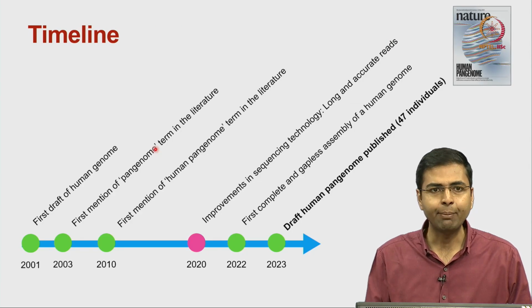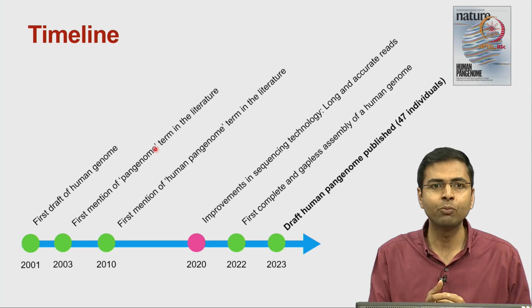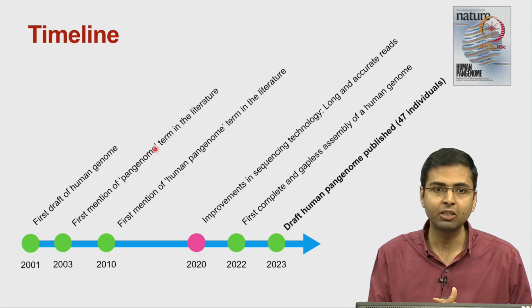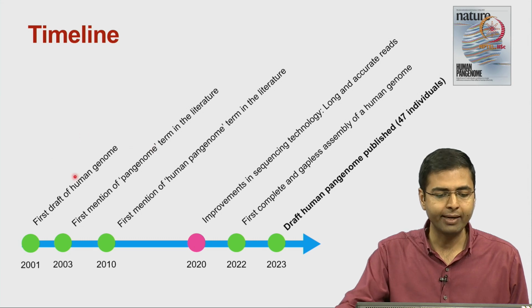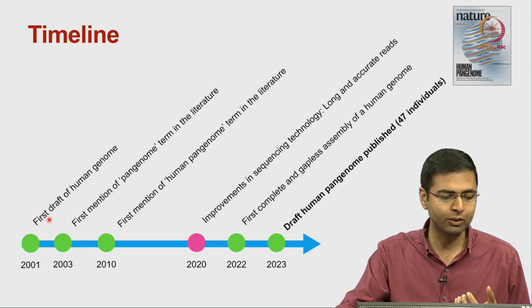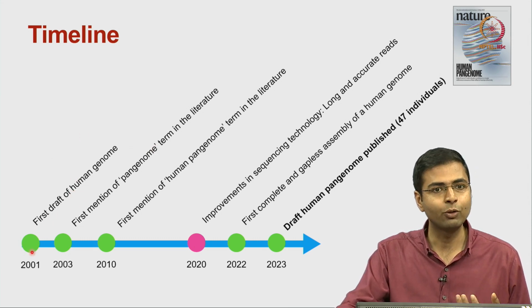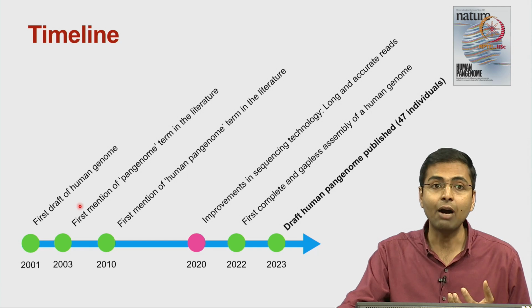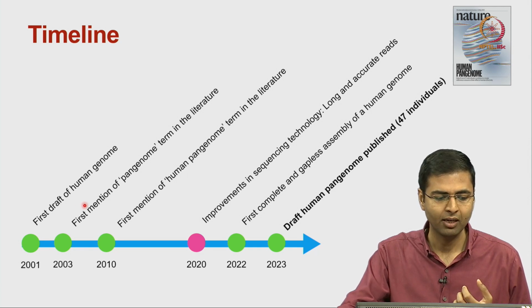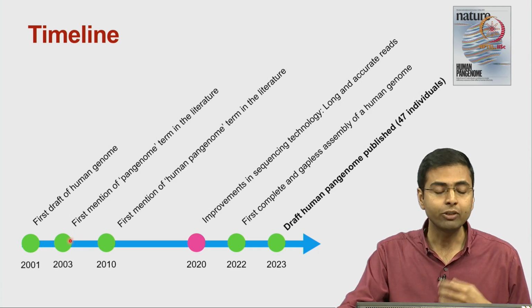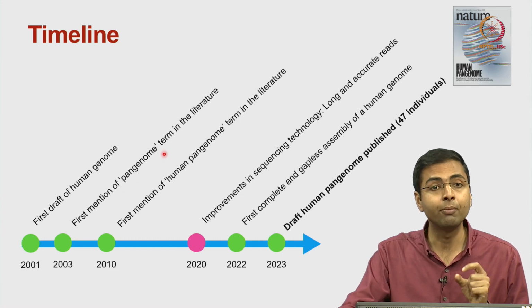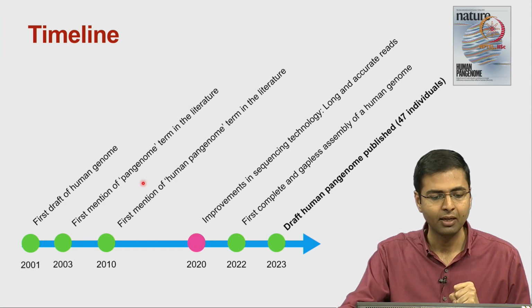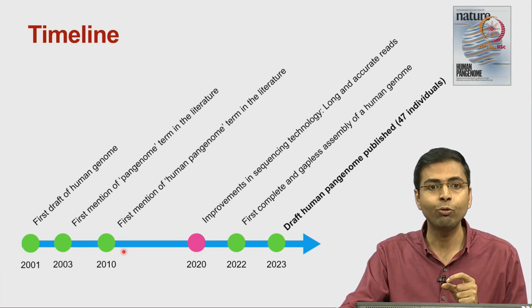So let us look at the timeline of how this pangenome topic has emerged over the past few years. This timeline is in the context of human pangenomics, where we know that 2001 was when the first draft of the human genome was published. 2003 happens to be when the first mention of the term pangenome appeared in the literature, and the first mention of human pangenome appeared in 2010.